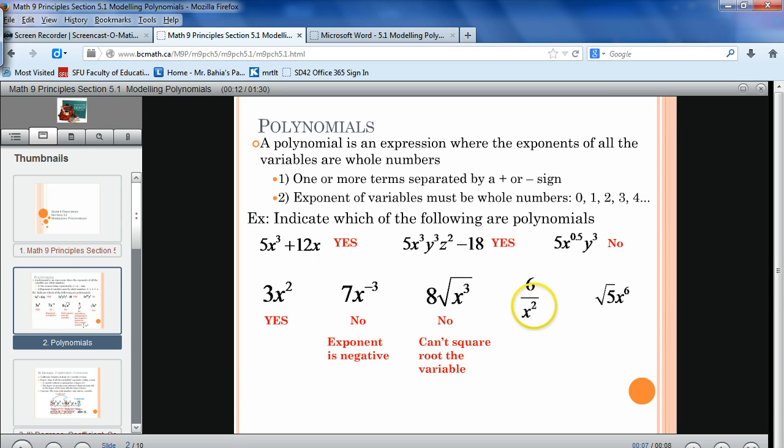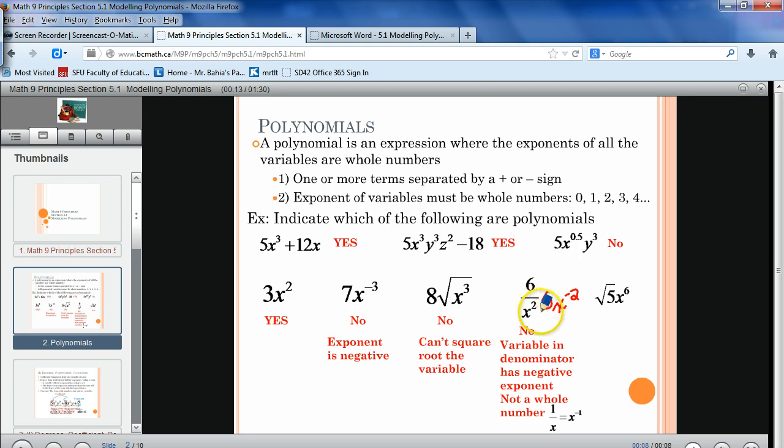But do you remember what happens when you have a squared thing in the denominator? This is not a polynomial because, if you remember before, when you've got a variable in the denominator, its exponent is actually negative. So this, in reality, is supposed to be 6, and then because it is in the denominator, it's x to the power negative 2.